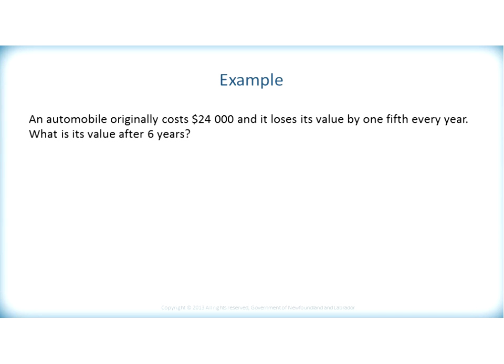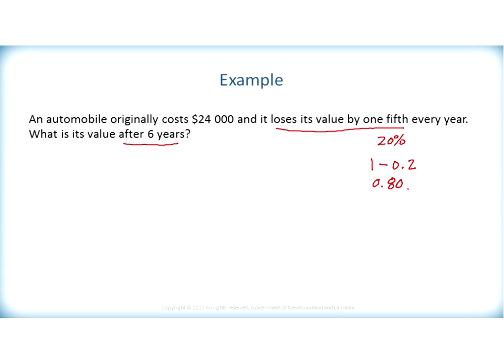An automobile originally cost $24,000, and it loses its value by 1/5. 1/5, of course, is 20%. So if it decreases in value, it'll be 1 subtract 0.2 for the rate, which is 0.8. What is the value after 6 years?